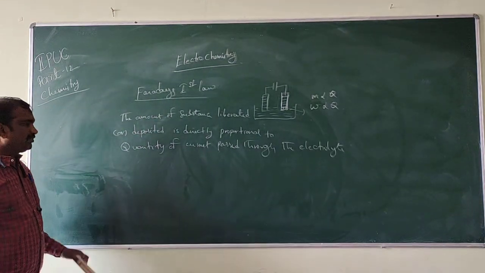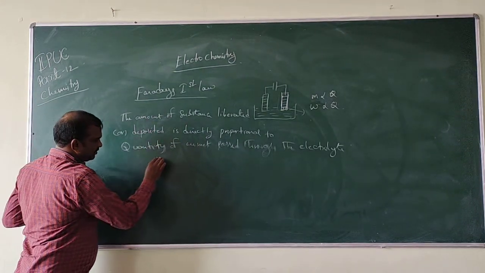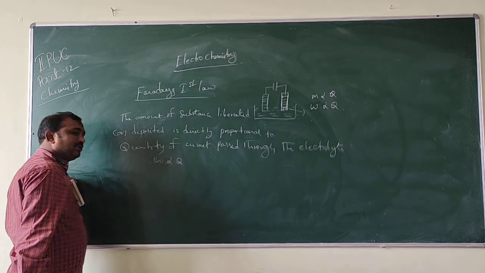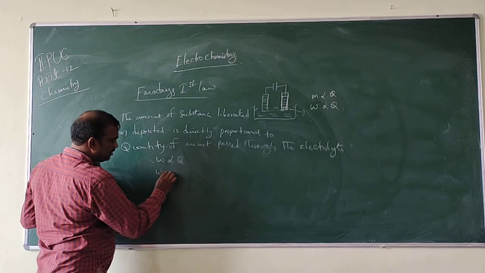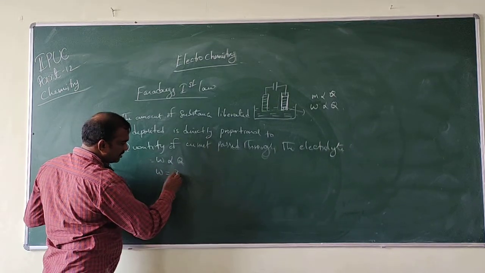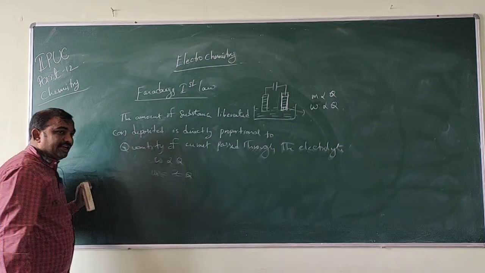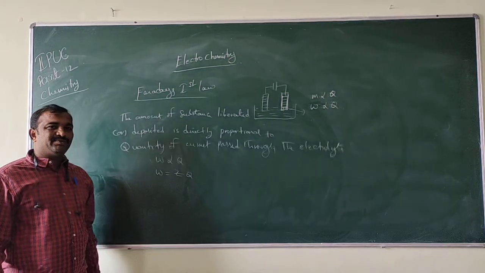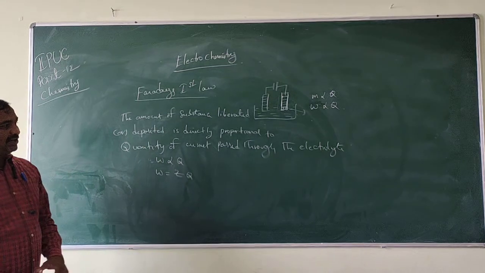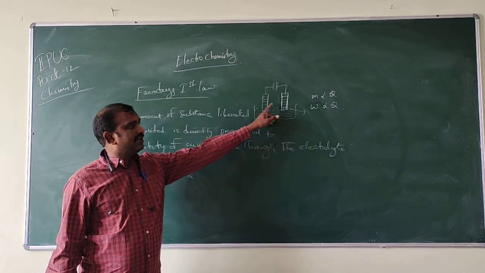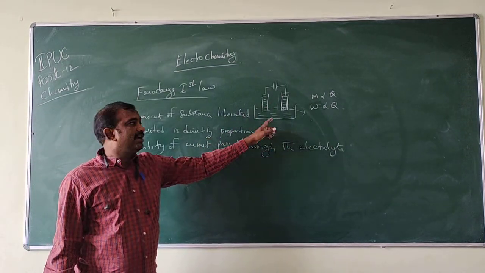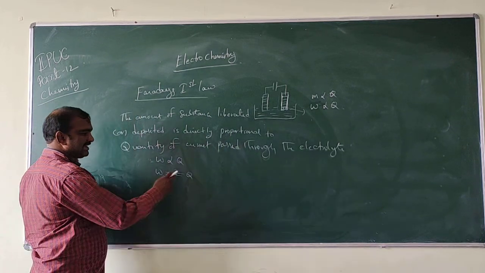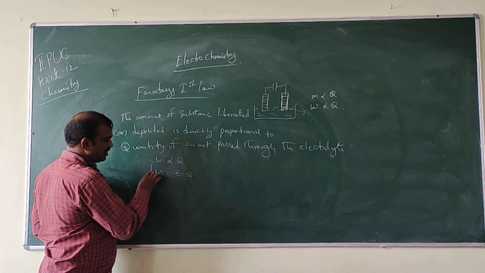So here, M or W, either is correct. W is proportional to Q, so W is equal to Z into Q. Z is the proportionality constant. Electricity is passing, and we are also using a chemical, so it is called the electrochemical equivalent.